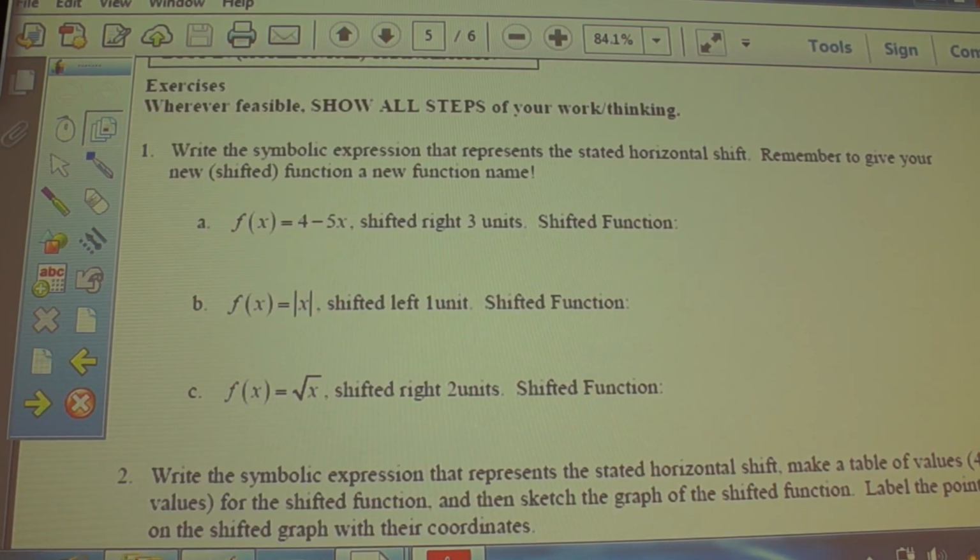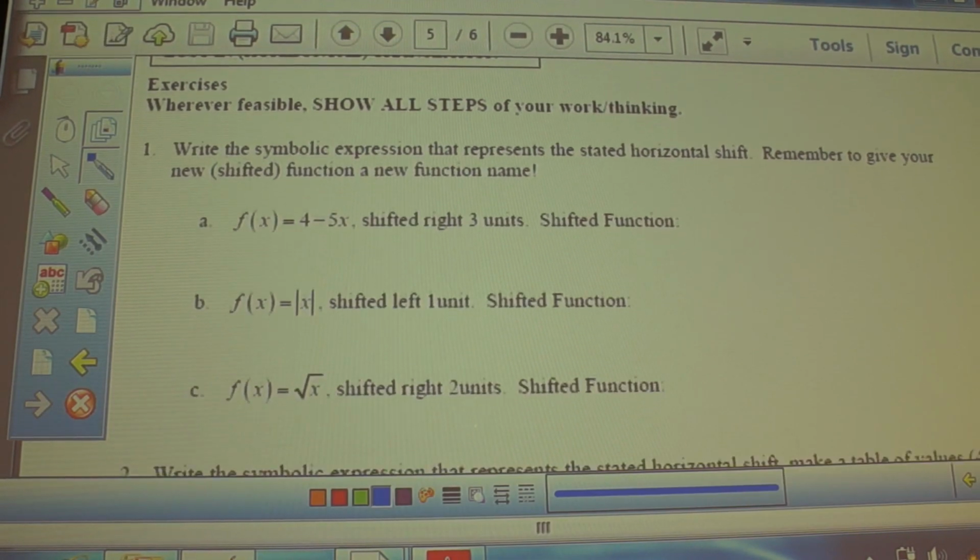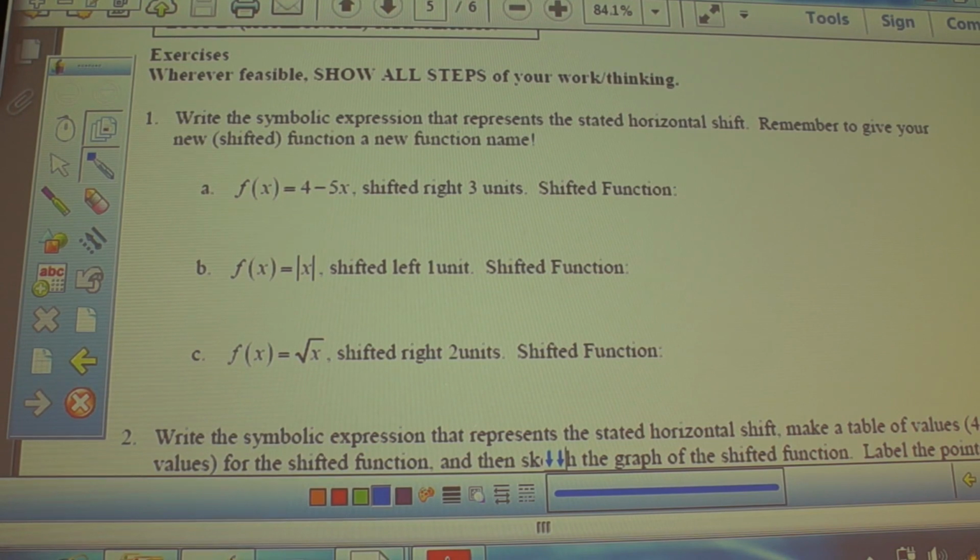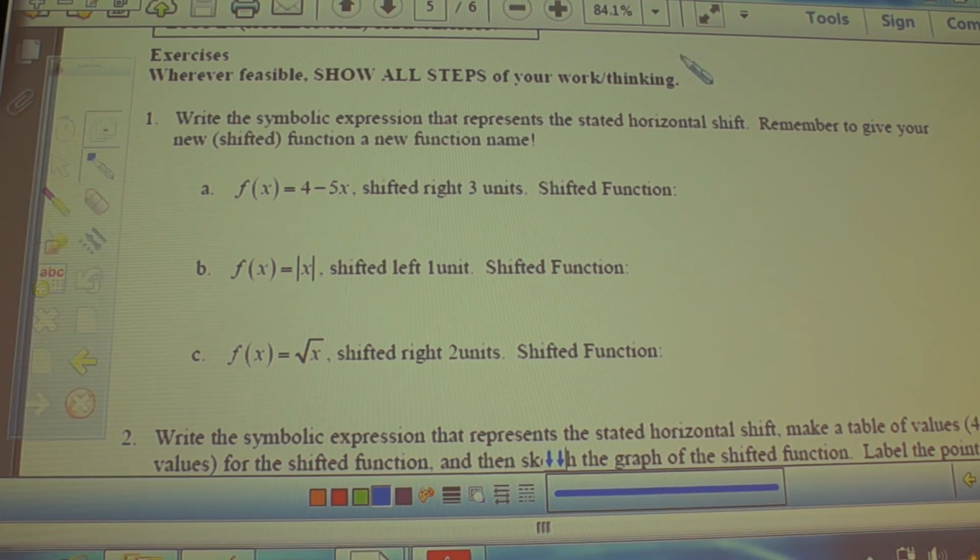So this one, number 1 at the very bottom. I'll do a similar one. If f of x is equal to 3 minus 4x, then I'm going to shift 2 to the right.